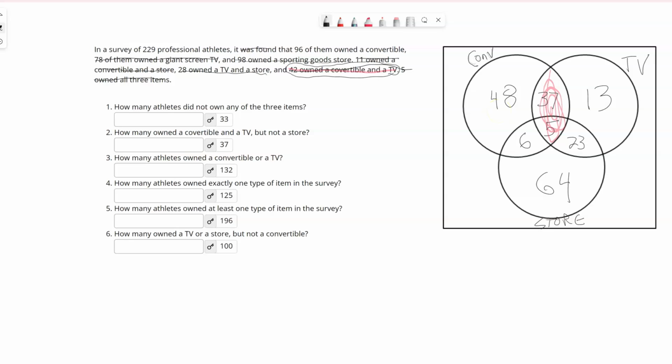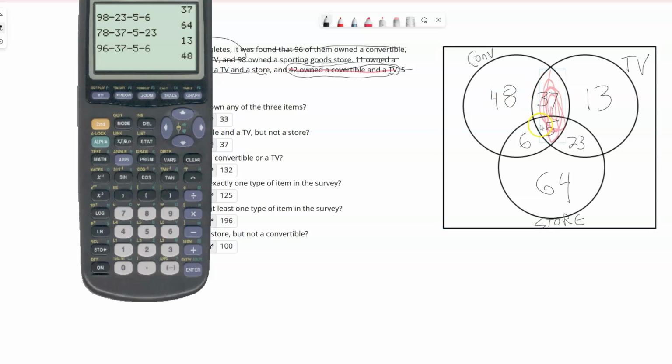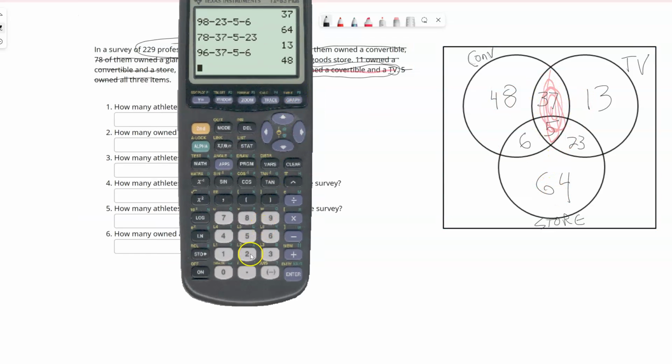The last thing is the 229 professional athletes that were surveyed. We have a lot of them accounted for, but do we have them all? So 229. I'm going to do the top, the middle, the bottom.